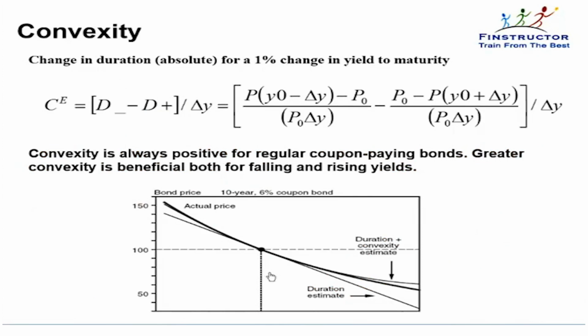When yields fall, price actually went up by 47.32%, and when yields went up, price actually fell by only 30%. Duration approximation said price will go up by only 37.5%, and it will fall also by 37.5%.